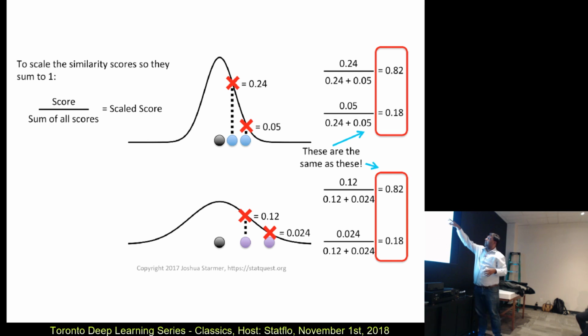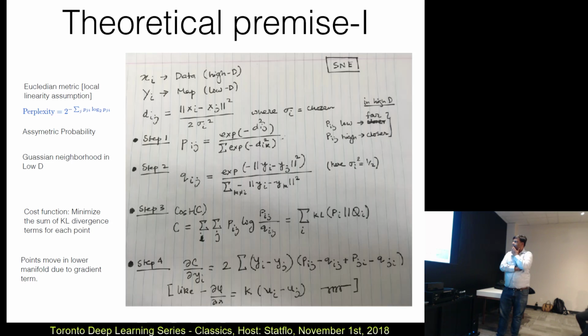If you divide by all the others, you scale it, and you end up getting the same score. So the normalization helps remove the factor of things being equally distant but dense or equally distant but sparse. So in this way of calculating, there's a scaled score instead of the exact score. But okay, let's go ahead and see.